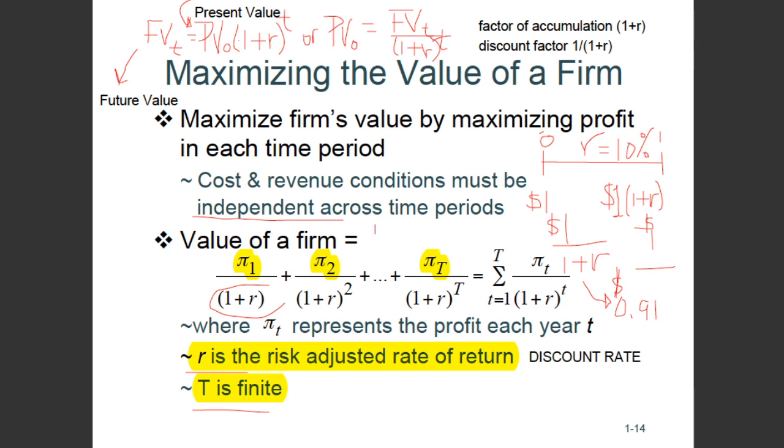Pi is equal to net revenue, let's just say that, or revenue minus cost. In case you're really lost, that's what that is. And let's say this goes on forever. It doesn't just go for t.